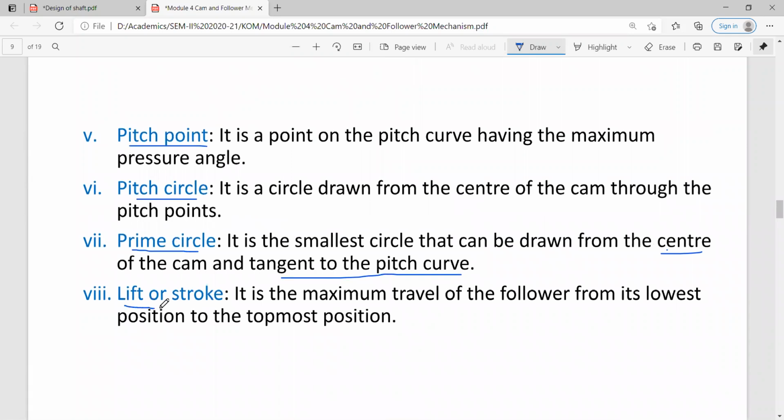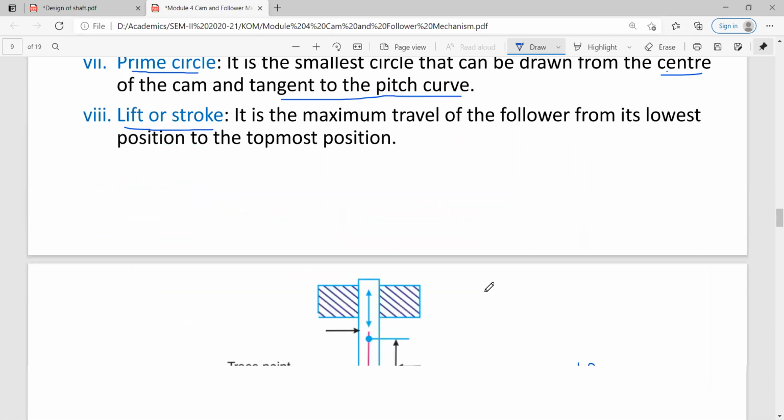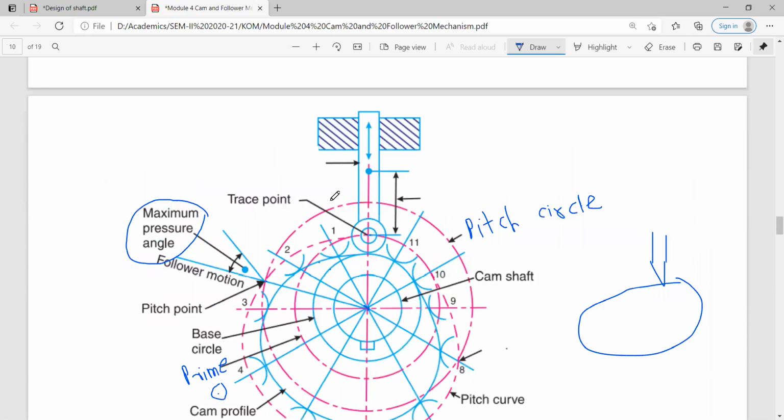Then next is your lift or stroke of the follower. So as the term suggests, what is it? It is the maximum travel of the follower from its lowest position to the topmost position. So this is the follower. Suppose it is its lowest position.